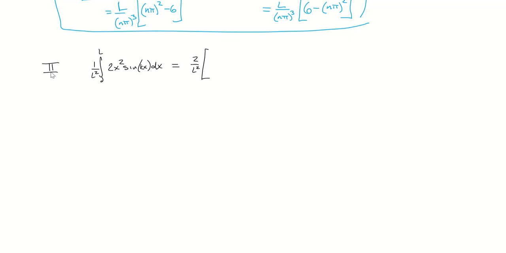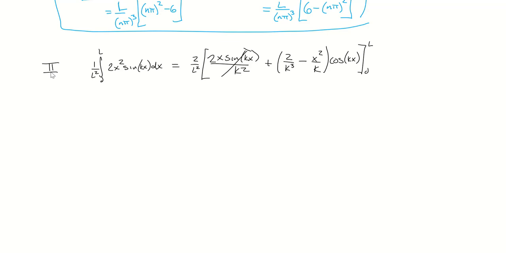And if I evaluate that integral, I looked it up in Shams, what we end up with is 2x sine kx over k squared, minus or plus, 2 over k cubed minus x squared over k times cosine kx, evaluated at our limits from 0 to L.